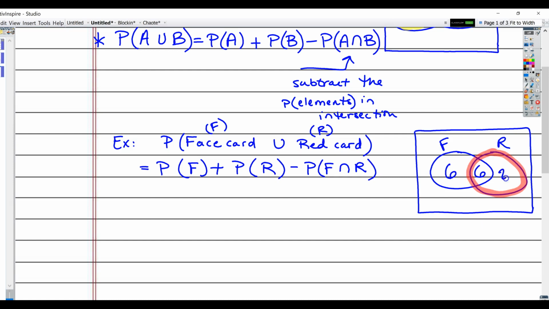So I have to put 20 here. So every time you design a Venn diagram, you set it up, ask yourself, is it correct? Do I have the right number of face cards? Yes, I do, 12. Do I have the right number of reds? Yes, I do, 26. And then those that are both red and face cards go in the center, in the intersection. Now I need my universal set out here.